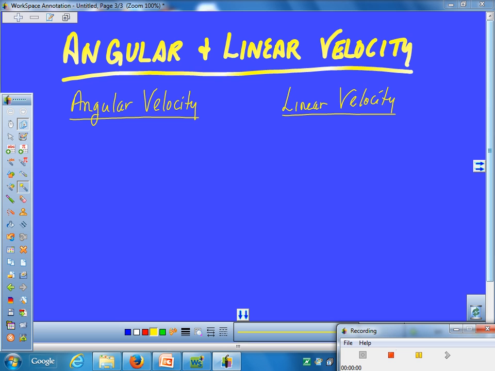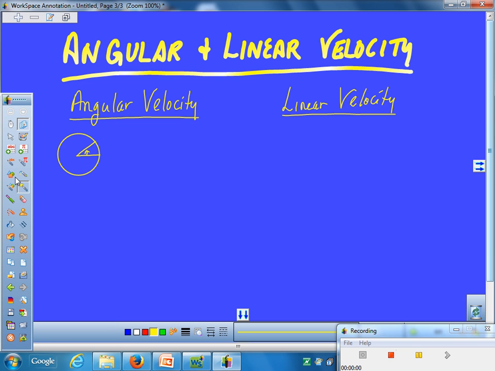Okay, now the big thing you have to get straight here is, what's the difference between angular velocity and linear velocity? They're both talking about something spinning in a circle, but you have to know where it's spinning. If you're doing angular velocity, you have an angle formed at the center, and you're talking about how fast the angle at the center is spinning.